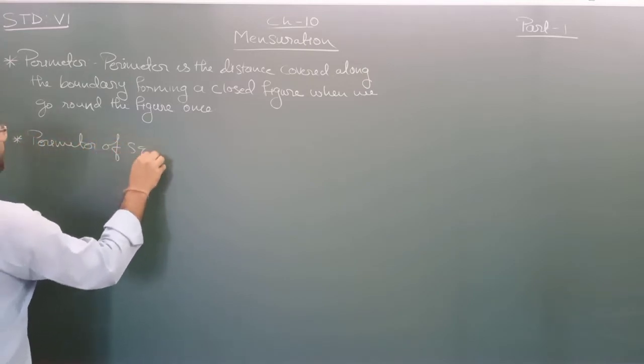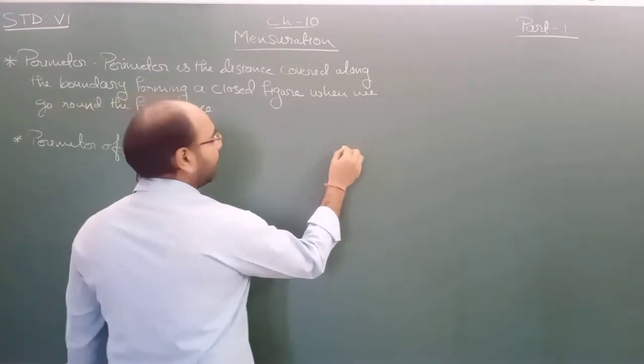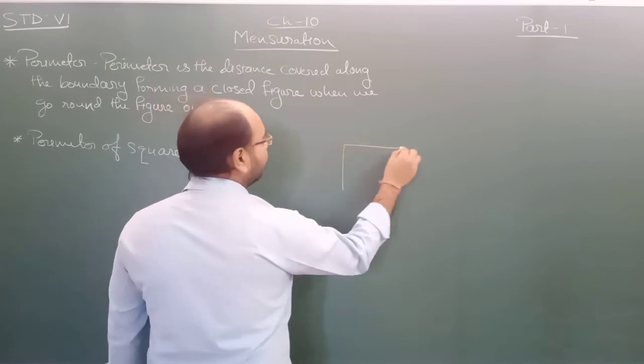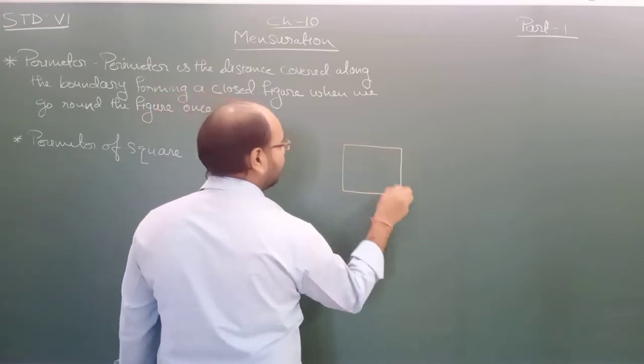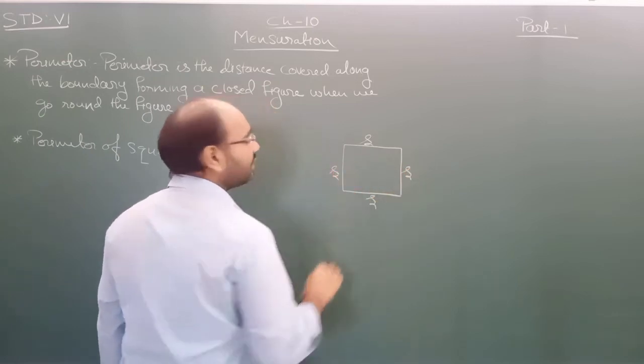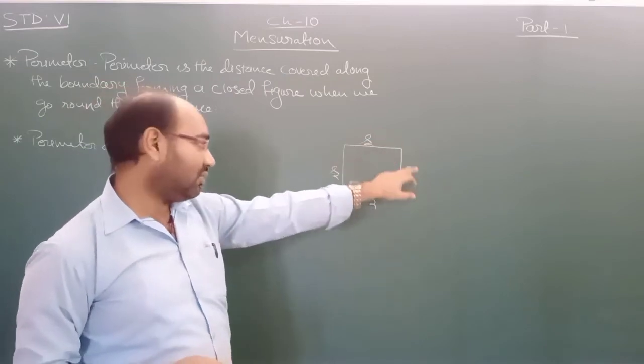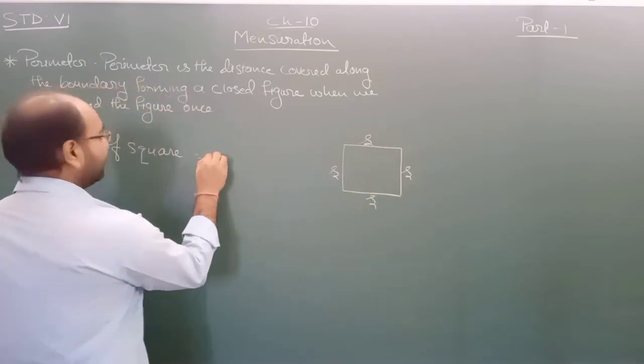And in that we studied the perimeter of a square. So perimeter of square is equal to what? We know that a square is a figure where all the sides are equal. So when we want to find out the perimeter of a square, we have to add these four sides.